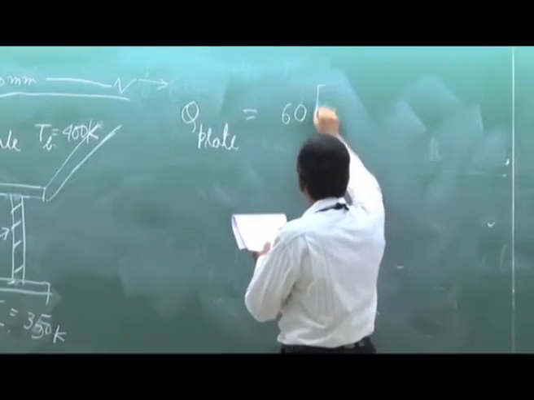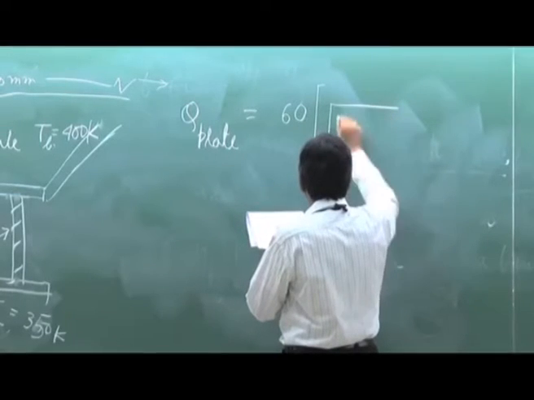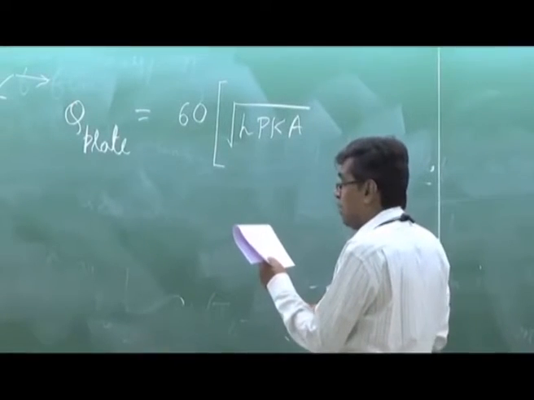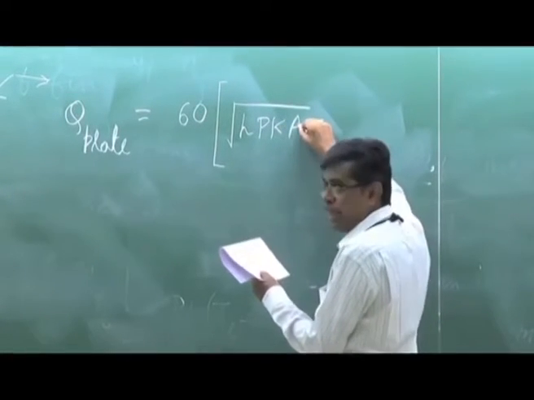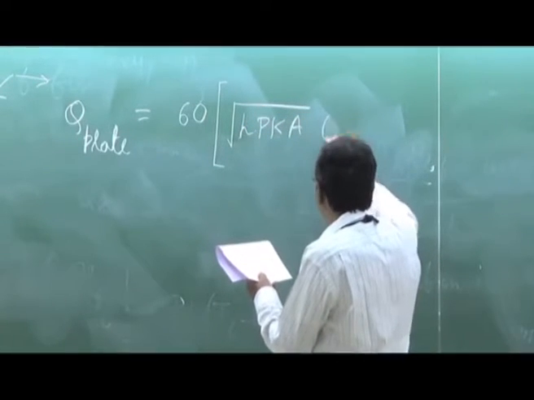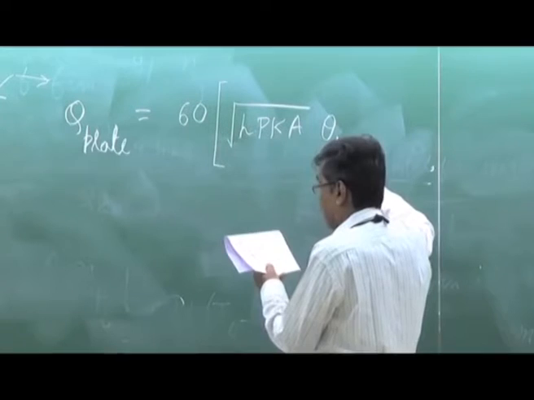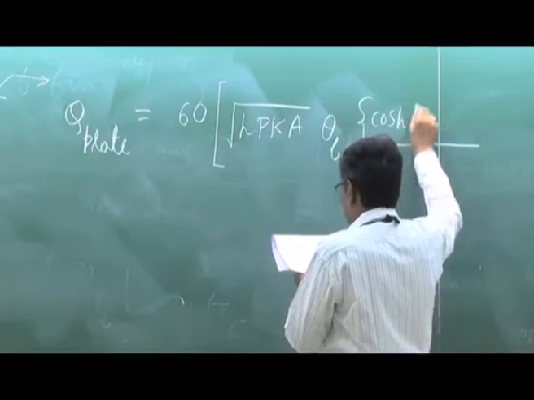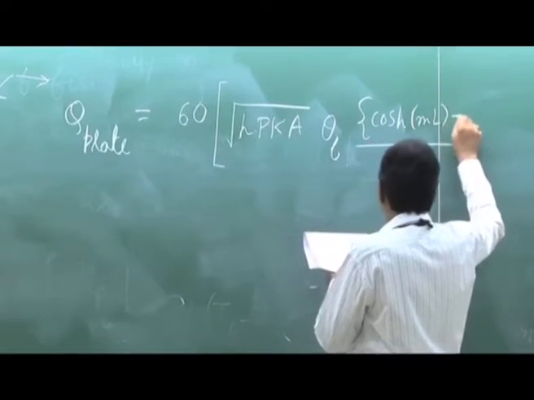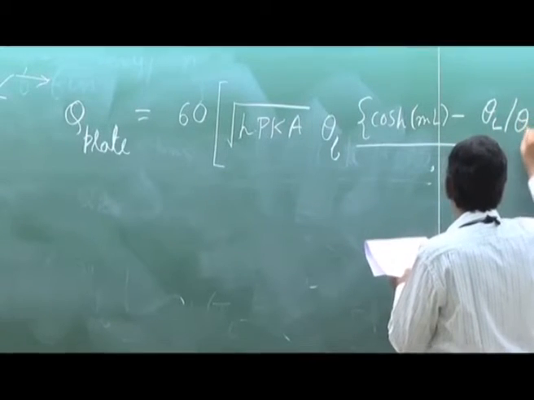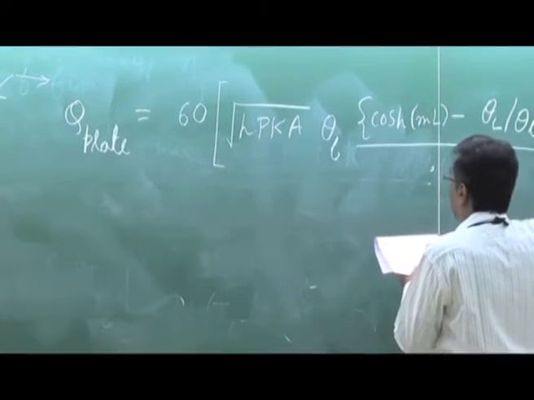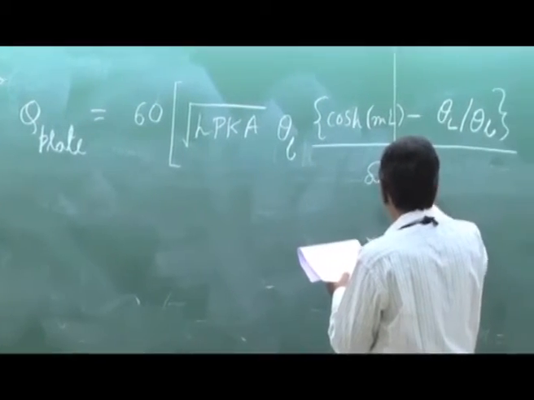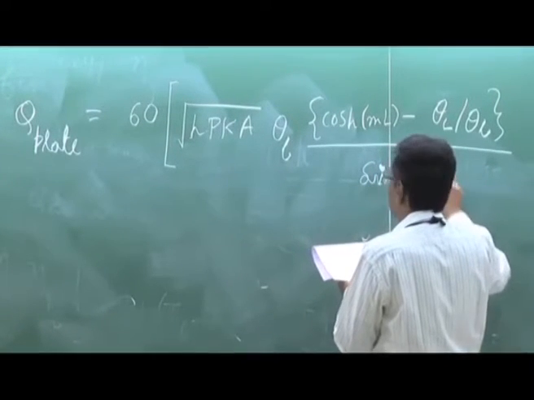That formula is per fin root over hPkA, with all the nomenclature known to us: thermal conductivity, cross-sectional area, perimeter, heat transfer coefficient, into theta_B, times (cosh mL minus theta_L by theta_B, with all nomenclature known to us) divided by sinh mL.